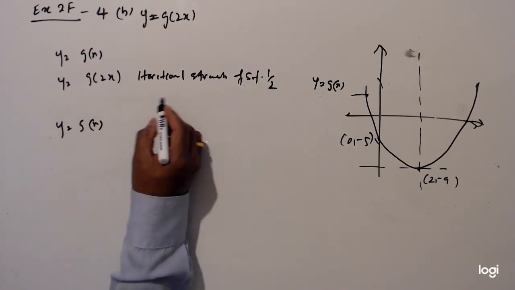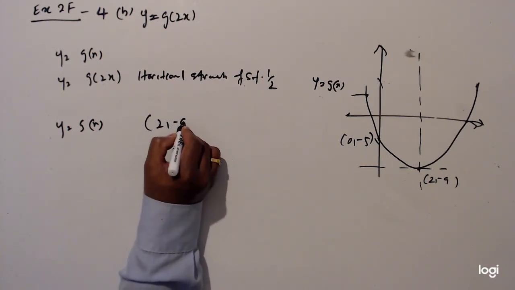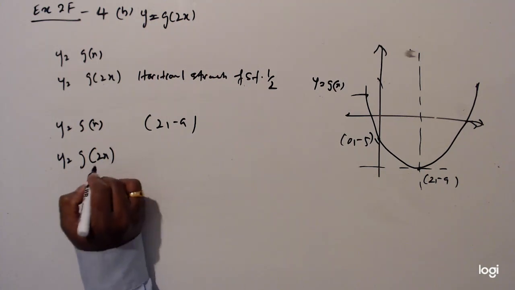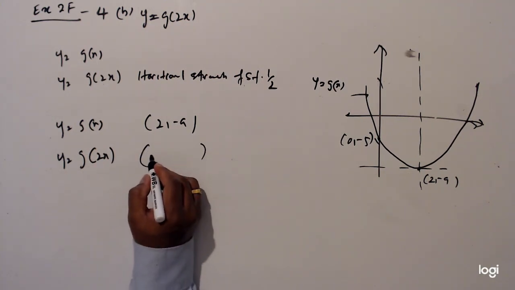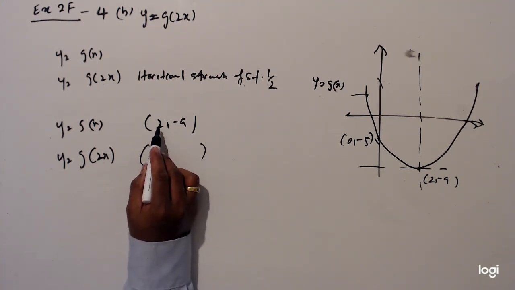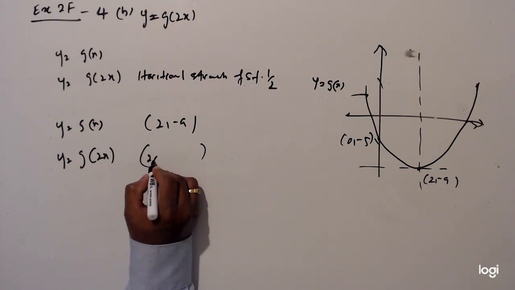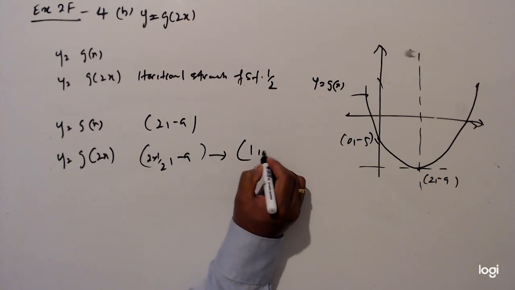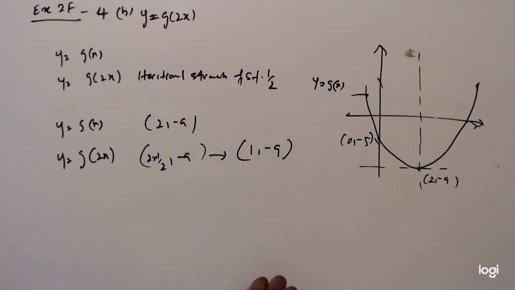Y = g(x), so we have the point (2, -9), and for y = g(2x), we have to multiply the x value by the scale factor, which is half. So then this is going to be (1, -9).